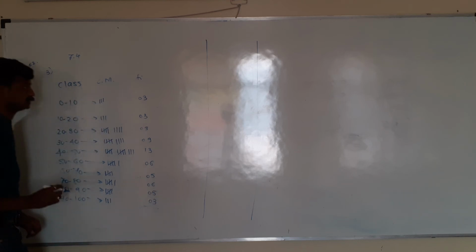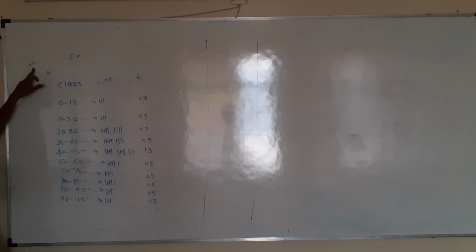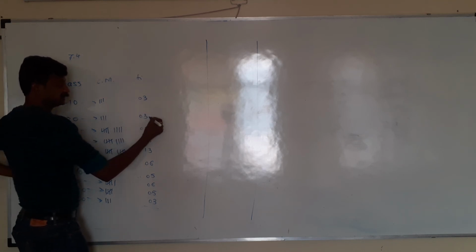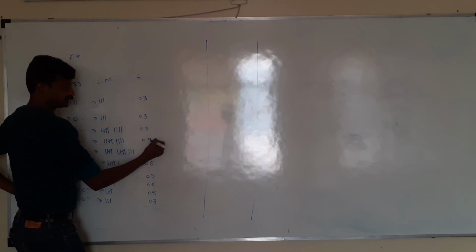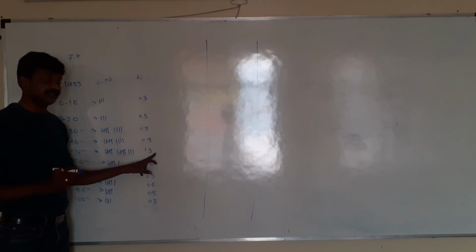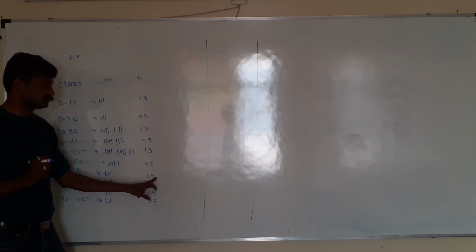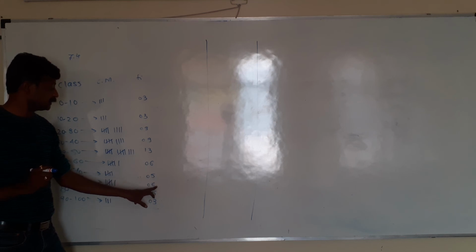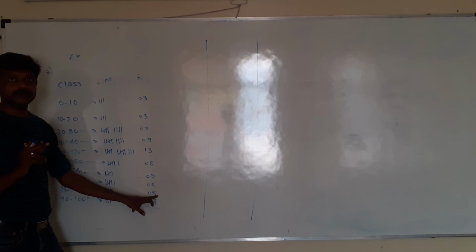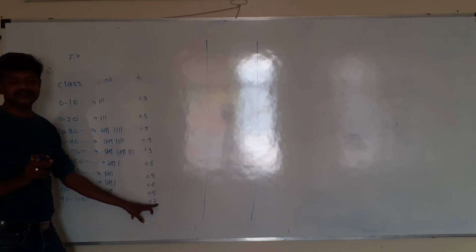Now the important part is addition of all the frequencies should be equal to 62 because the information is about 62 students. Let us see the total. 3 plus 3 6. This 9 plus 9 18. 18 plus 6 24. 24 plus 3 27. 27 plus 6 33. 33 plus 5 38. 38 plus 6 44. 44 plus 5 49. 49 plus 3 52.